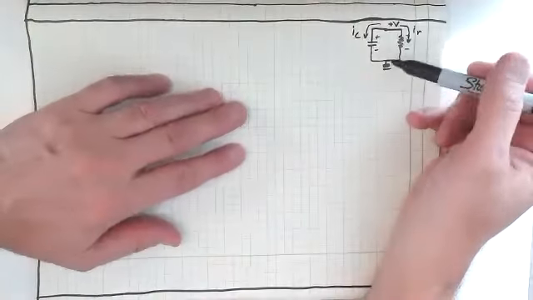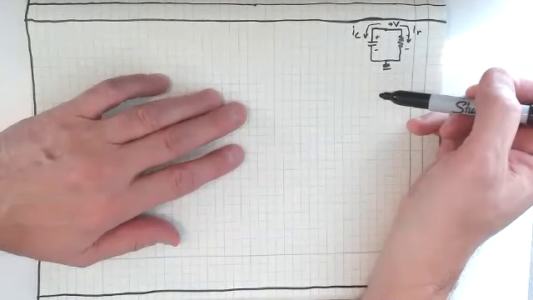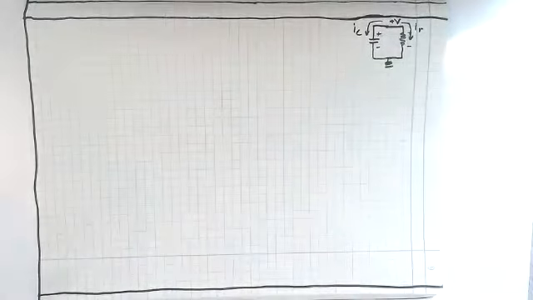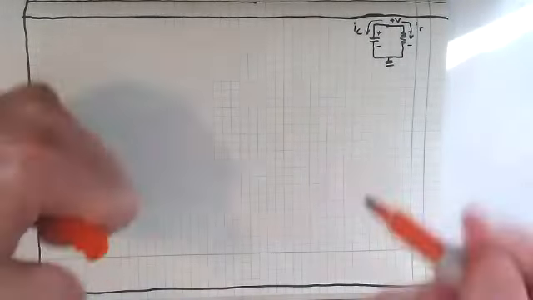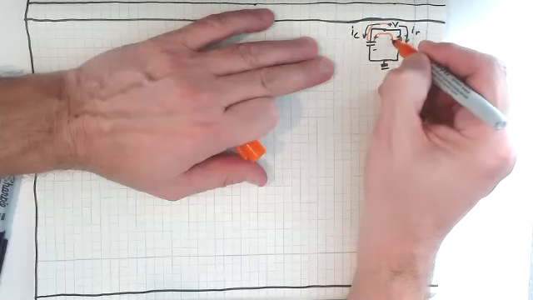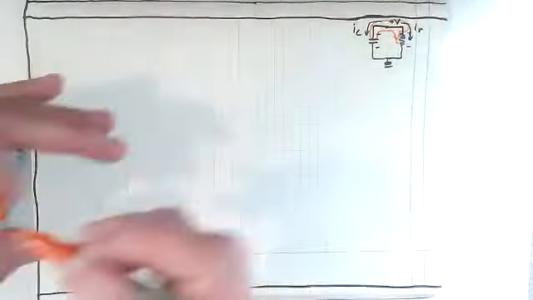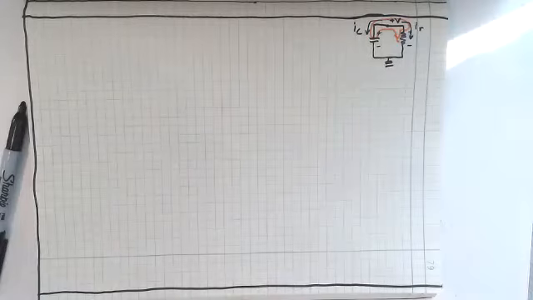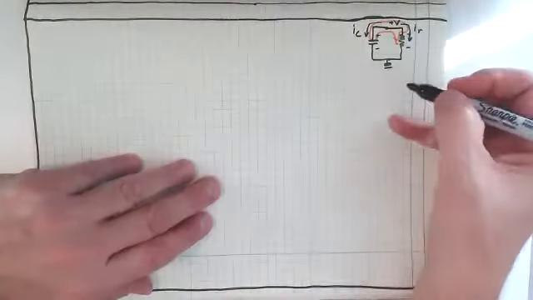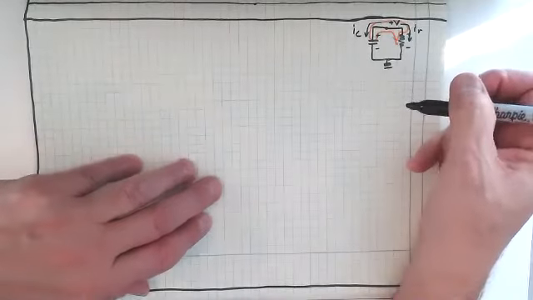So if we've got those flowing out of there and we do a summation on this node that we have up at the top, let me get my other colored pens too. So we have a node right up here. And I'm going to say that both of those are flowing out of there, and of course you know that's not true, and I'm going to show you that in an example later on.